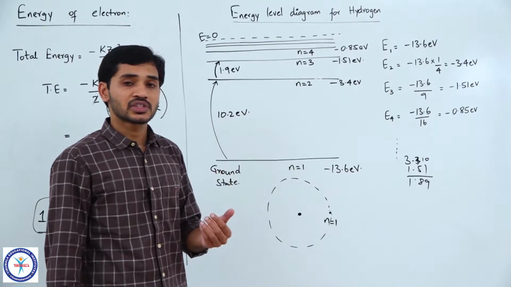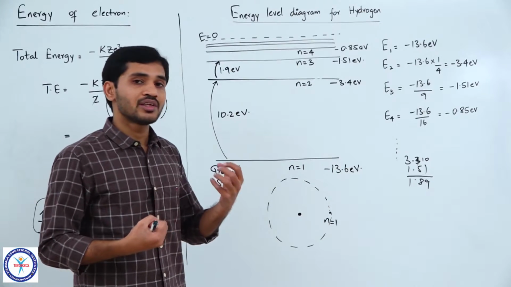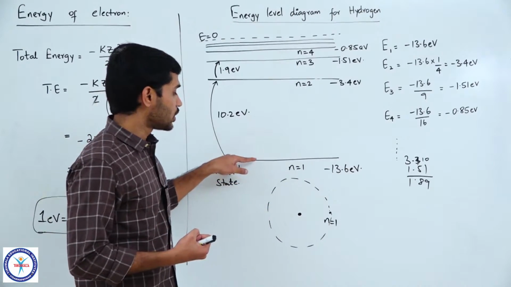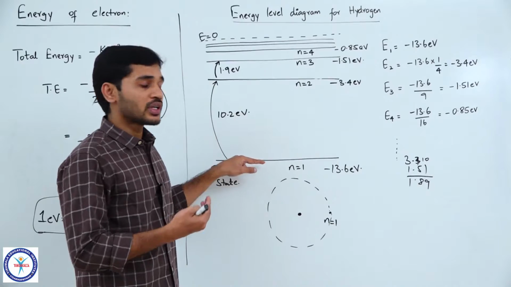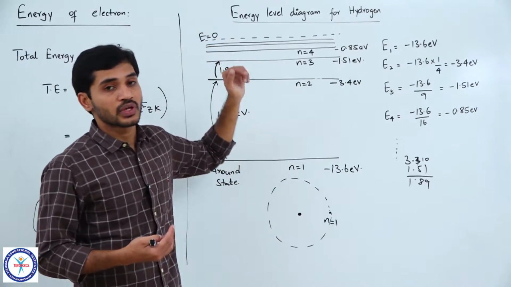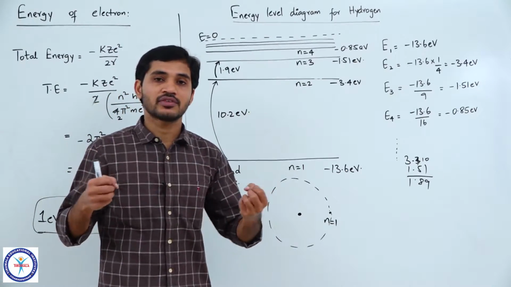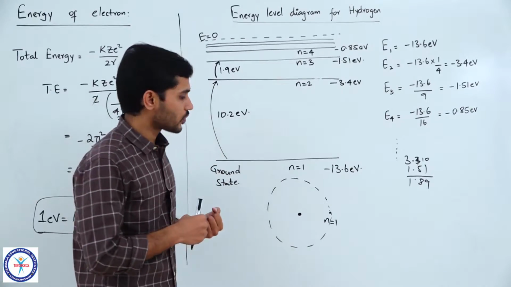Whenever they ask you to completely remove the electron, they mean to say that you need to make the electron transition from n is equal to 1 to n is equal to infinity. So, n is equal to infinity basically corresponds to complete detachment from the atom. That is what it means.